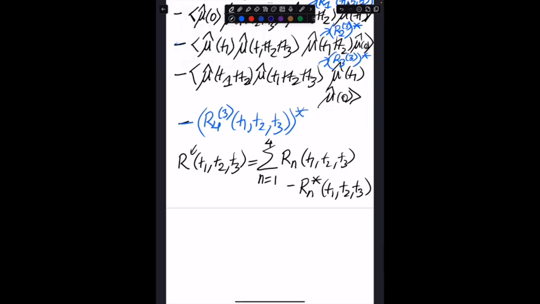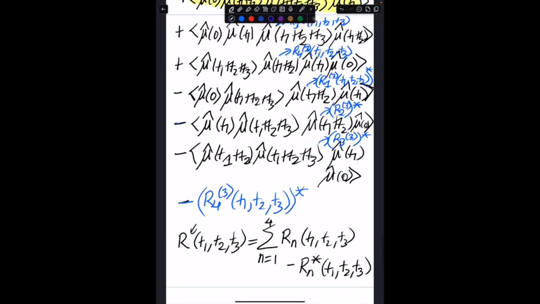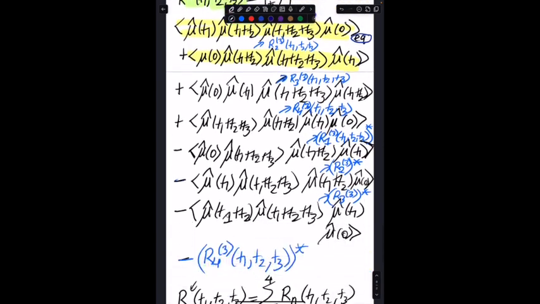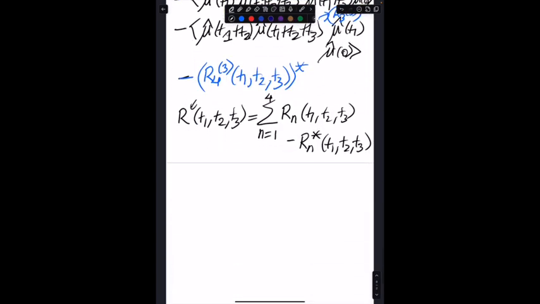Now what we could do is evaluate these R1, R2, R3, and R4 to find out what the response is.